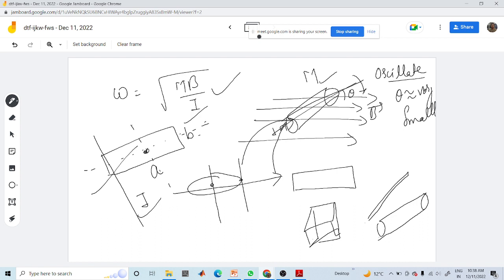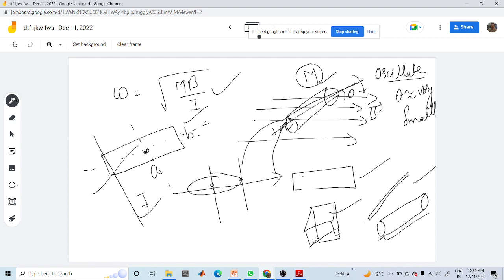So a magnetic dipole moment can exist in any kind of shape, like a circular shape, rod, cube, rectangle or circular disc, whatever. As per the shape, you know the moment of inertia.